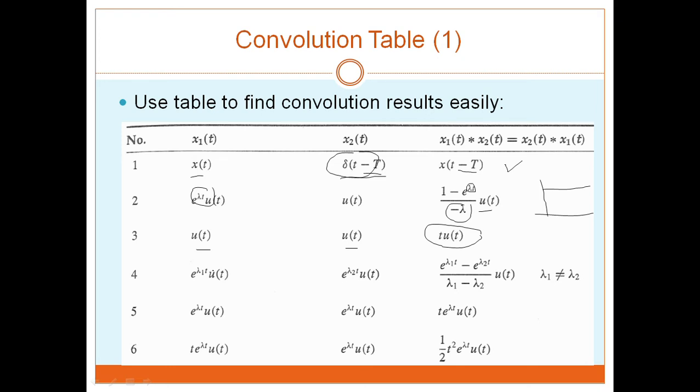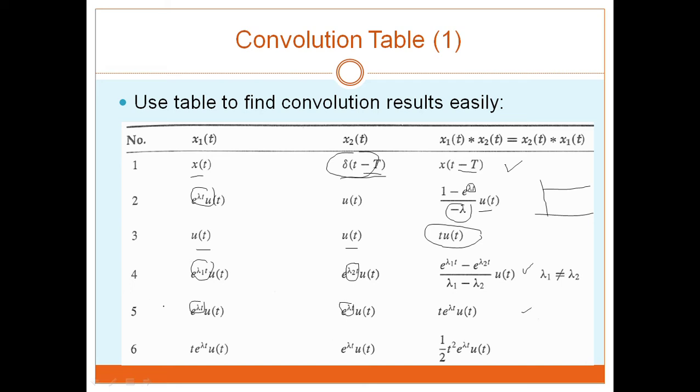If the first signal has different roots, lambda 1 and lambda 2, and they are different, the resulting convolution is this one. But if the first signal and the second signal are the same, the convolution is this one.